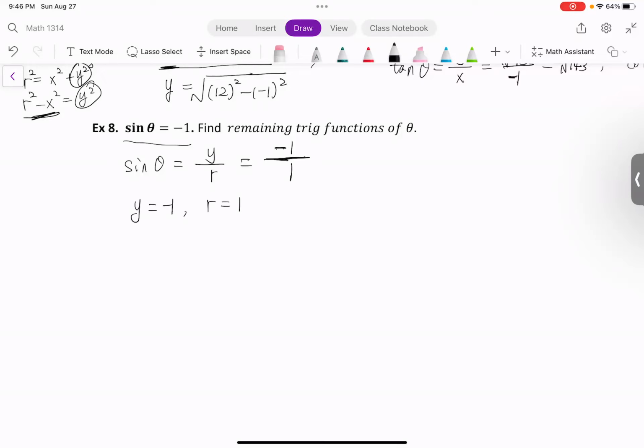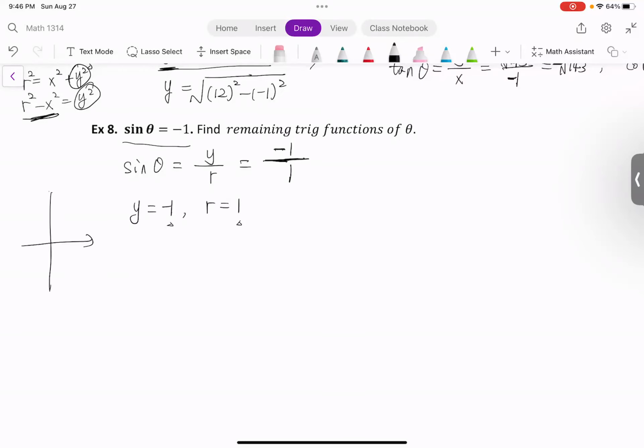It's an interesting question. You see y is negative 1, r is 1. Can you graph it? When y equals negative 1, it is here. And the distance between this point and the origin is r. So the point is here. Also you can find it by the formula x equals positive or negative square root of r squared minus y squared.